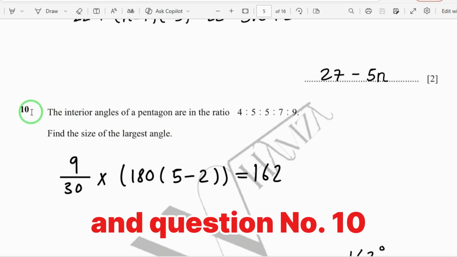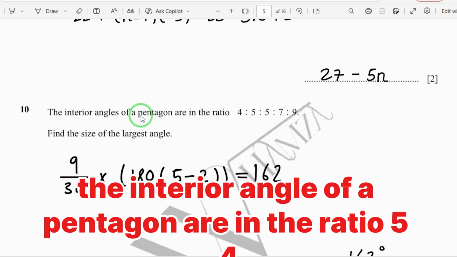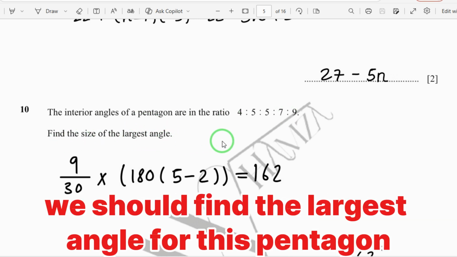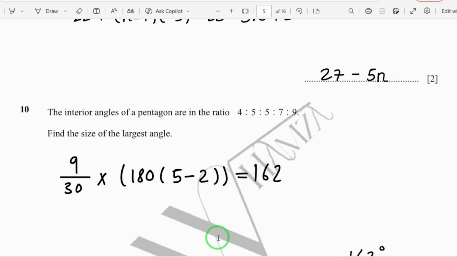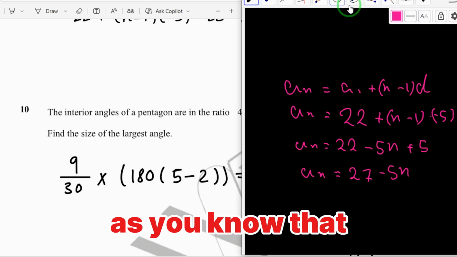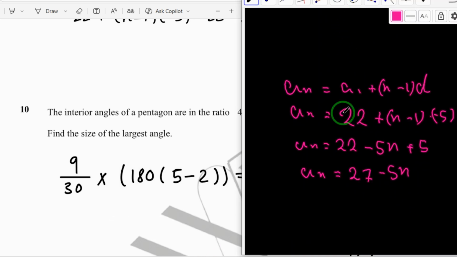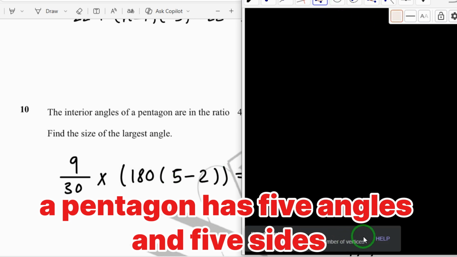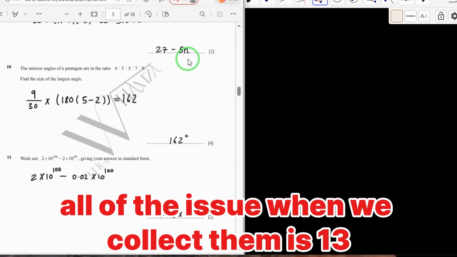And question number 10. The interior angles of a pentagon are in the ratio 4, 5, 5, 7, 9. Find the size of the largest angle. We should find the largest angle for this pentagon. As you know, a pentagon has 5 angles and 5 sides. The whole of the ratio when we collect them is 30.